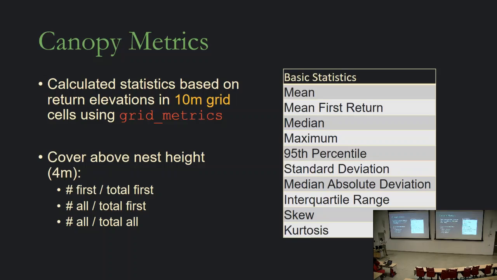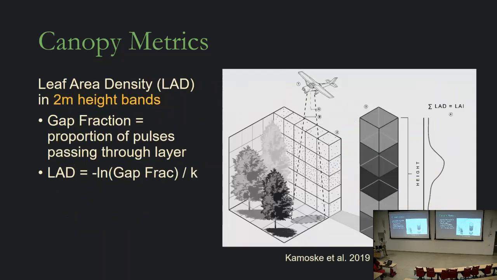I calculated that in a few different ways. And I also calculated leaf area density, which is a measure of sort of the foliage density in these different height bands, 2-meter height bands. And it's sort of a measure of how much light is stopped in that height band.